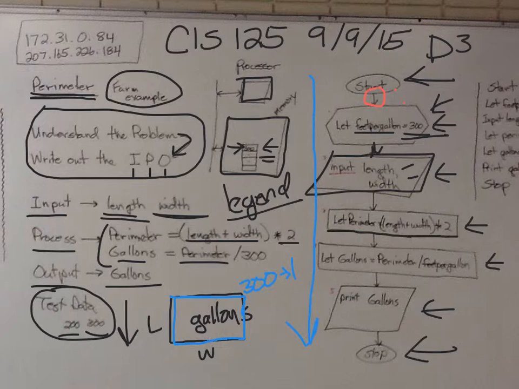Very important: calculations on the right, store it to the left. Always. You never reverse that around. And then down here we print the gallons, which we calculated here, and we were able to do that because we got the perimeter from here. And in the computer, these instructions go up into the processor, which sends back the results.